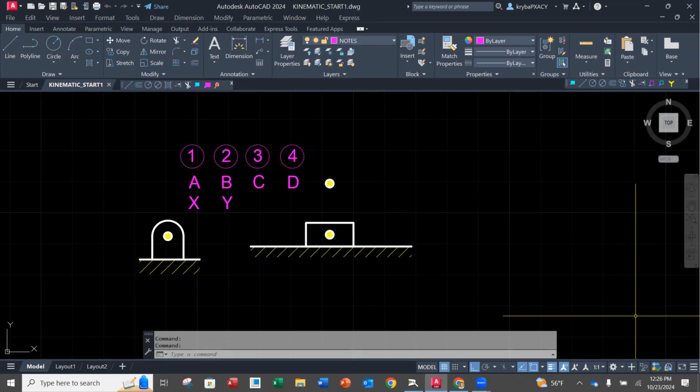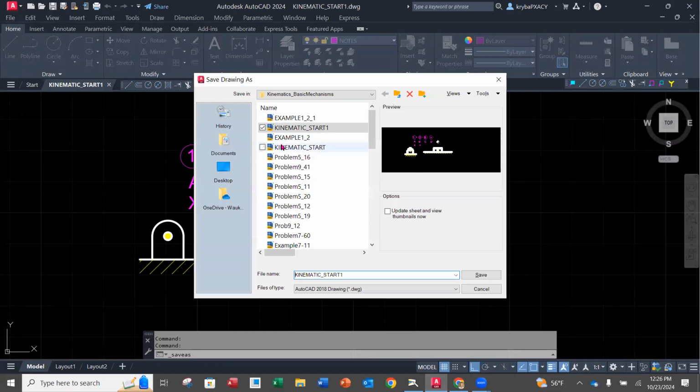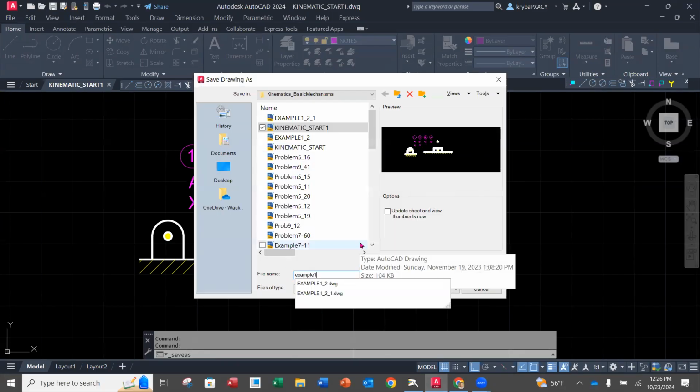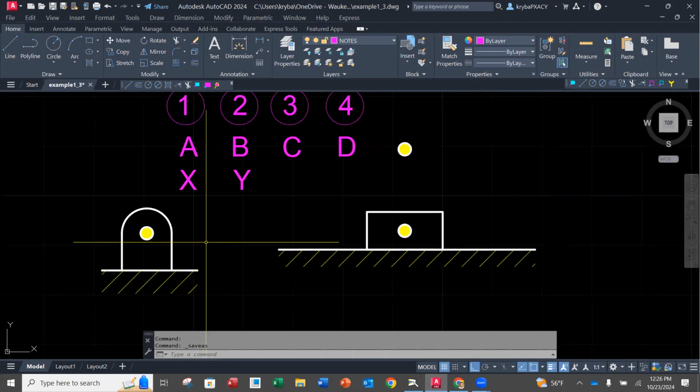First thing, before I do anything else, because I don't want to save over the top of this, I'm going to say File, Save As, and I'm going to call this example 1_3. Enter. Okay. Now up here, I'm just going to double check it changed the name of this file. Okay.